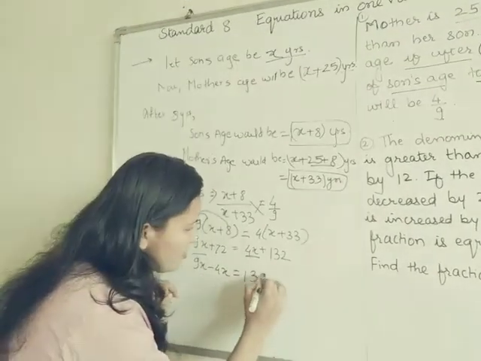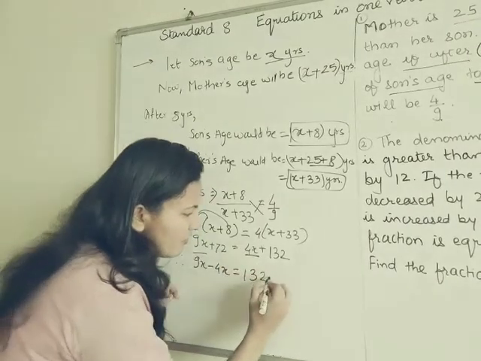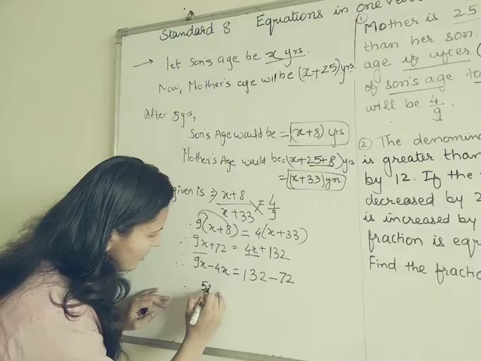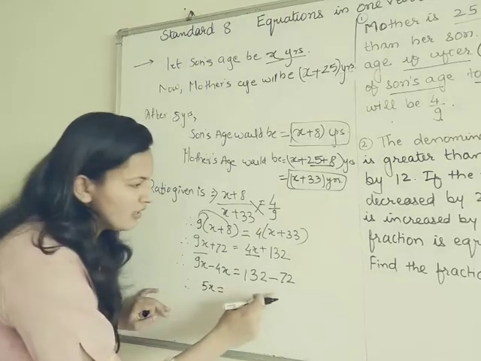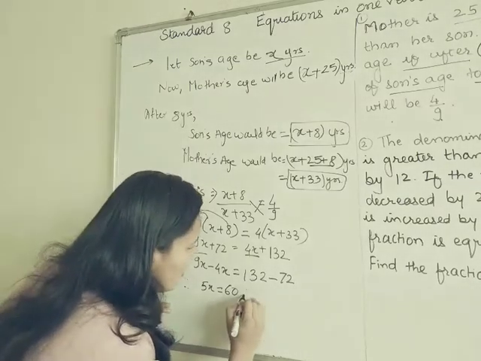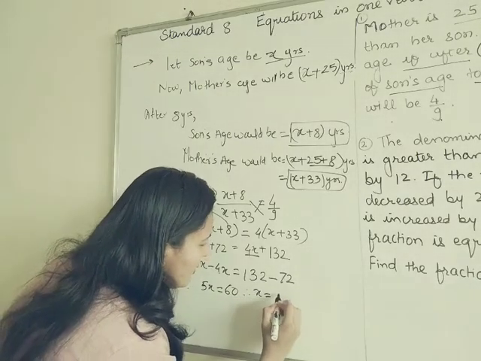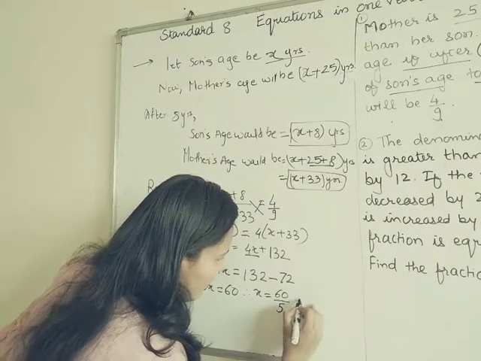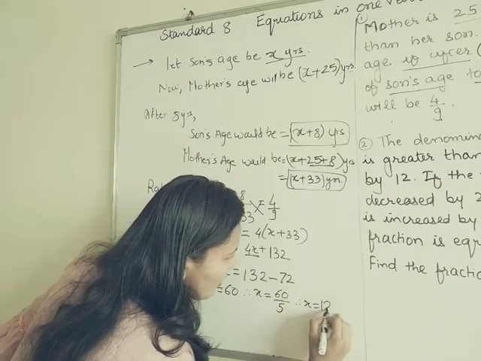The sign will change from plus to minus. So it is 5x is equal to 60. So x value would be 60 divided by 5. So x is equal to 12 years.